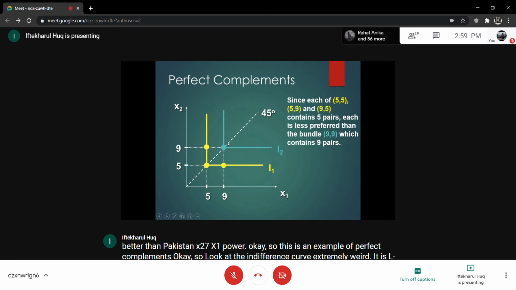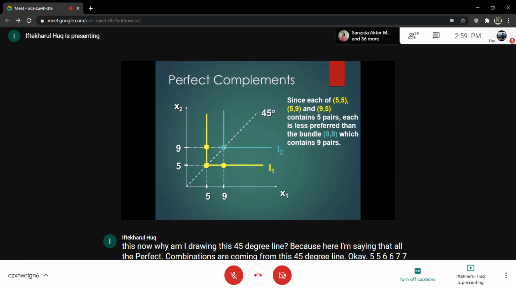Because here I'm saying that all the perfect combinations are coming from this 45-degree line. Okay, 5 5, 6 6, 7 7, 8 8, 9 9. So these are all the right combinations. Anything more is just not adding anything to my satisfaction. It's just not gonna be more preferred or less preferred.